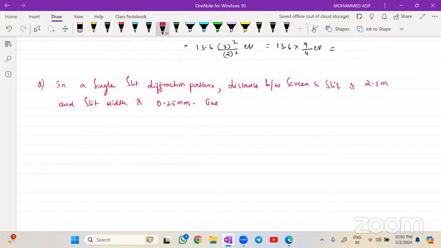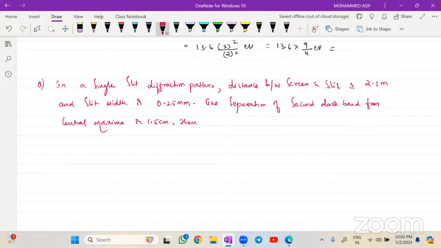The separation of second dark band from your central maxima is 1.5 centimeters. Then wavelength of light is?